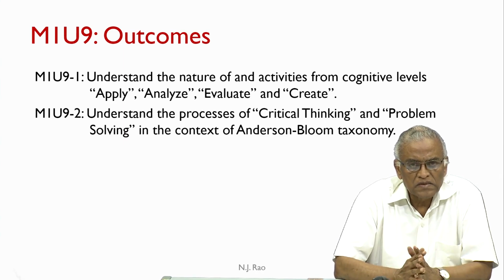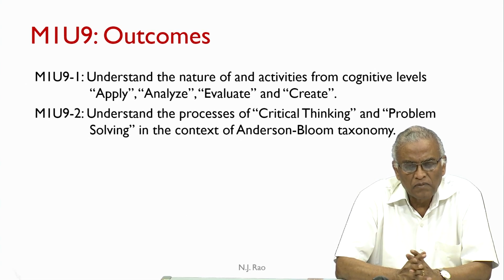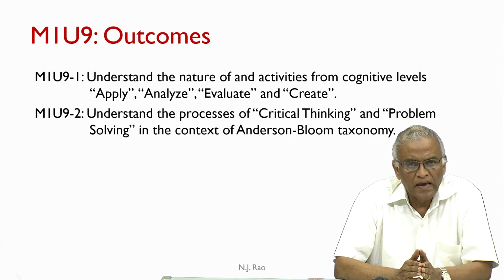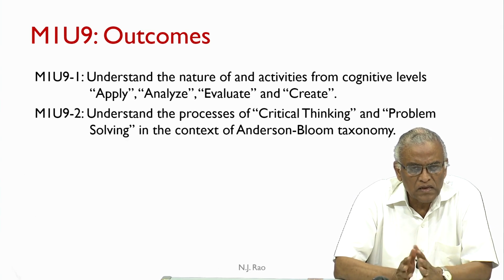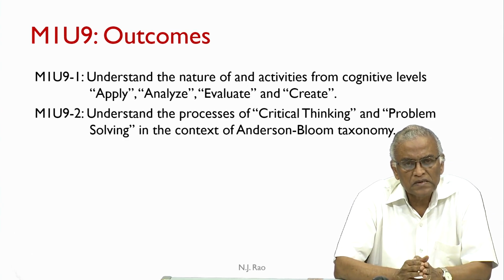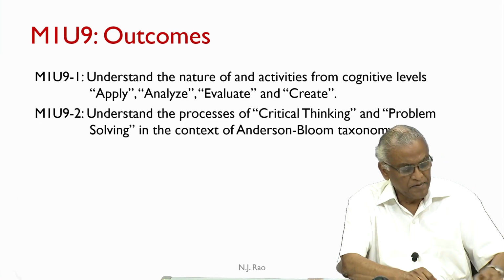Why do we require this? Anderson and Bloom taxonomy doesn't identify critical thinking and problem solving as independent, separate cognitive levels. So one needs to understand what these cognitive processes are in relation to the 6 cognitive levels of the Anderson-Bloom taxonomy.